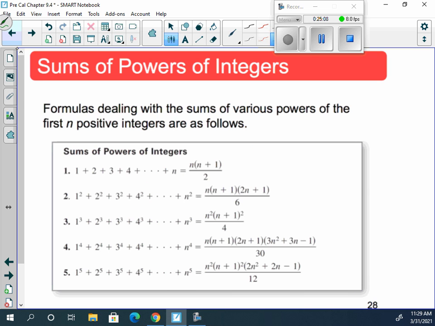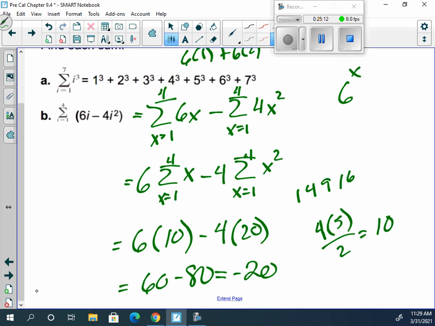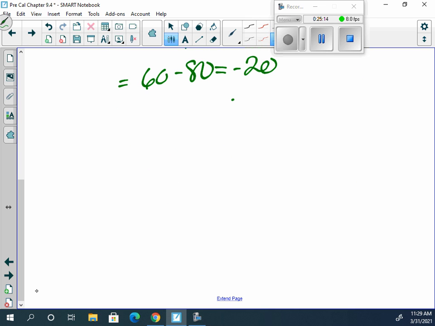The n squared one is n times n plus 1 times 2n plus 1, over 6. So 4 times 5 is 20, times 9 is 180, divided by 6, which is 30.